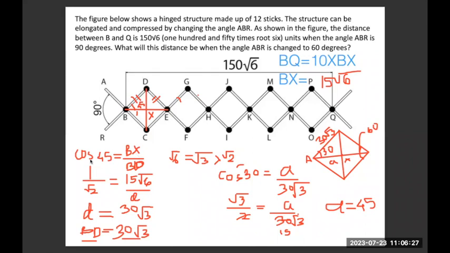You can use sec or cos. But you would not use the functions involving the opposite side, because I have no need of the opposite side in this case. I'm not interested in finding the vertical. I'm more interested in finding the horizontal length. So in the first case, I went with cos 45 because I needed the hypotenuse. In the second case, when it becomes 60 degrees, I'm more interested in finding the base because I got the diagonal value 30√3 from here.